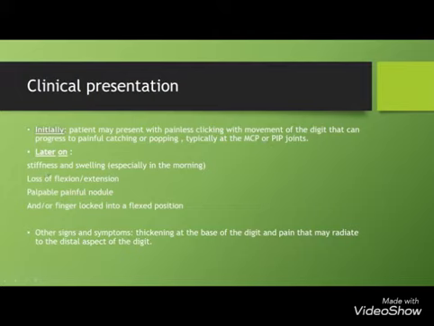Later on stiffness and swelling are there, loss of flexion and extension, and palpable painful nodules can be present, or the finger locks in, as I said, flexion position. Other signs and symptoms will be thickening at the base of the digit, and pain may radiate to the distal aspect of the finger.